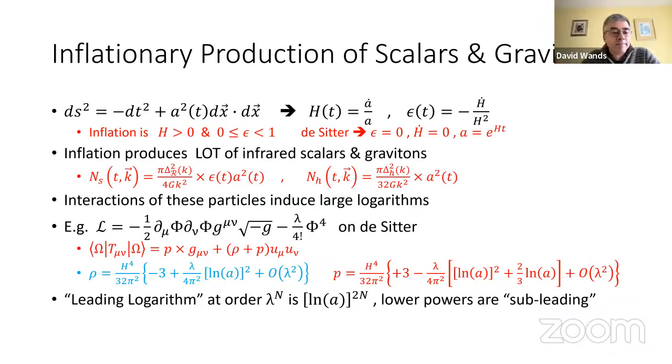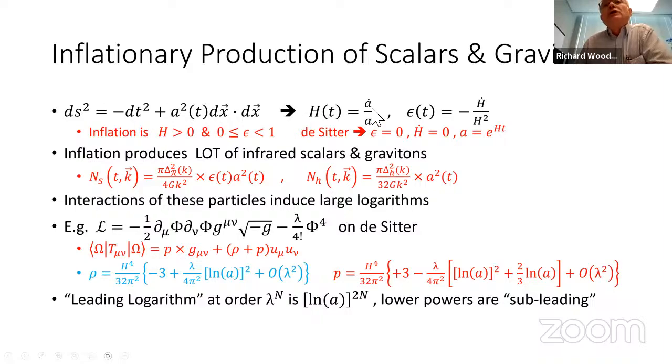That's good. So the idea behind this is based on phenomena that all of us are well familiar with, and that was indeed the subject of the last talk too, and that's the inflationary production of scalars and gravitons. I'll remind you all that the geometry is essentially homogeneous, isotropic, and spatially flat.